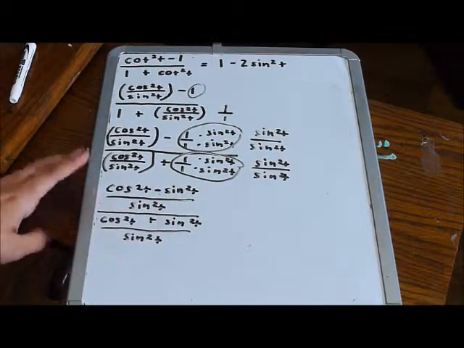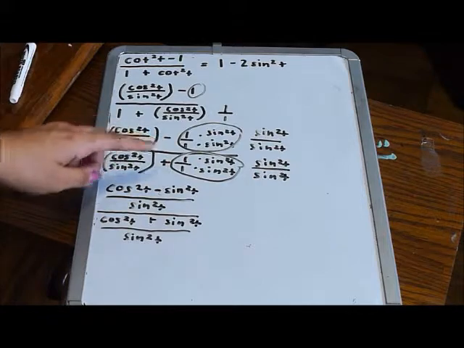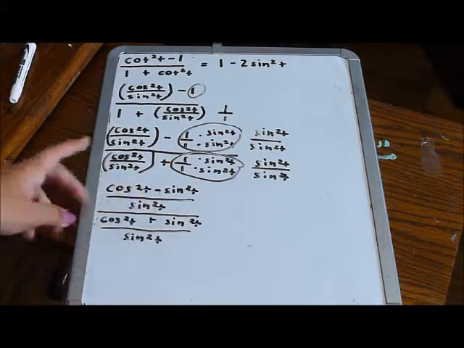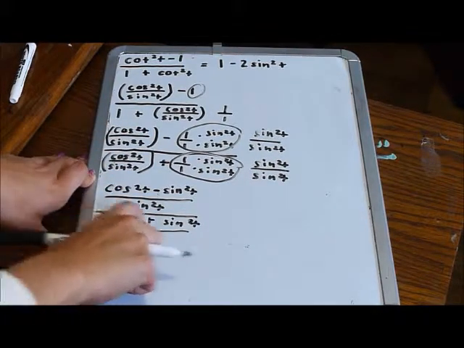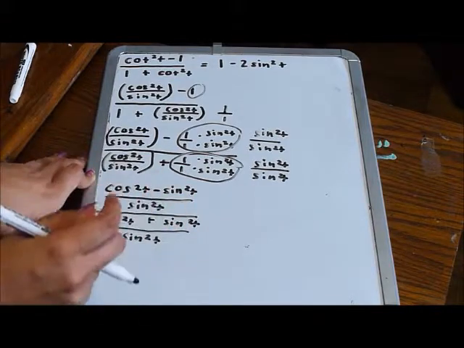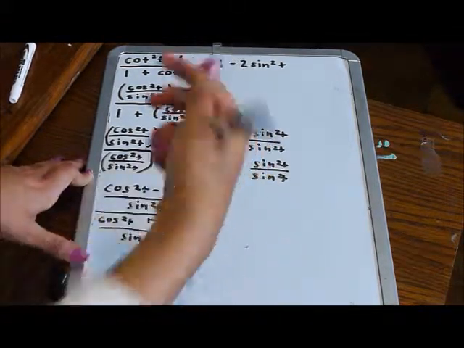And the way that we're going to divide cosine squared t minus sine squared t over sine squared t by the denominator fraction is that we change this division sign into a multiplication sign, and we flip this fraction.